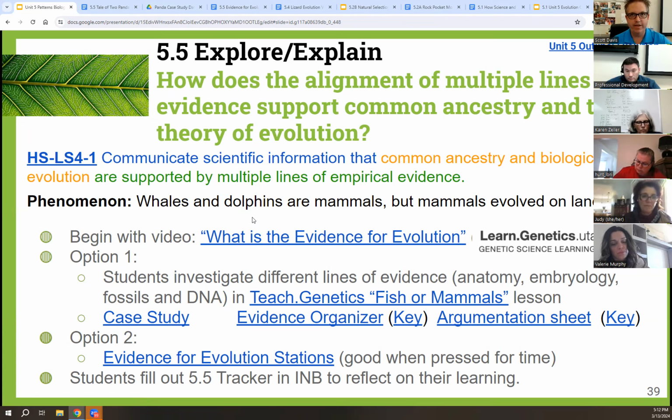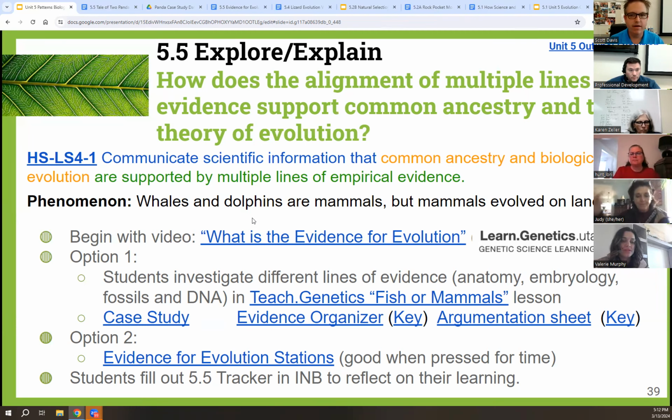So she created a little Hostess cladogram project where students had to make a cladogram first based on different Hostess treats. Like, is it chocolate? Is it sponge cake? Does it have filling inside? All of that. So it's just a quick little fun thing I just put in the chat.